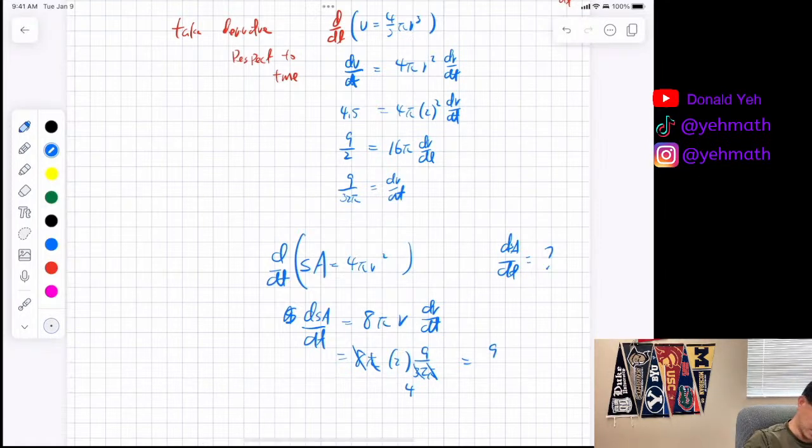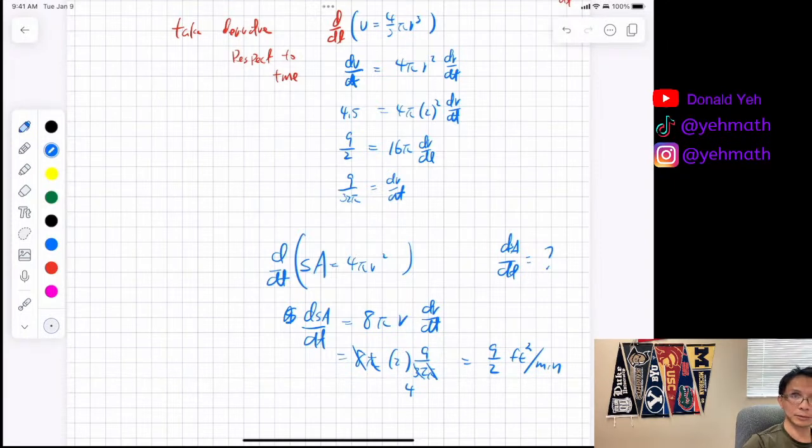Is that going to be 9 over 2, right? Yeah, 9 over 2. Now, pay attention to the unit. The unit is going to be feet squared per minute, because the unit is going to match your dimension. Your dimension is going to be feet squared per minute.